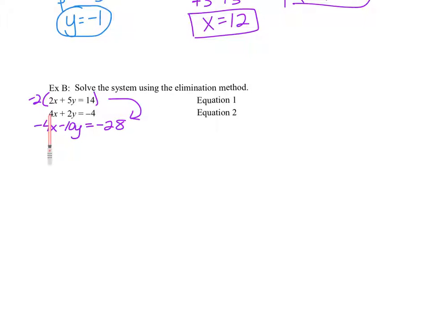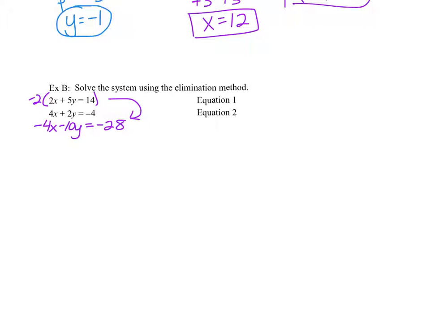I just knew that 2 times negative 2 gives me negative 4, and that'll cancel out that. And you wanted a negative so you can cancel it? Exactly. And the 4x came from negative 2 times 2x. And then I did negative 2 times 5y, which gave me the negative 10y, and so on.